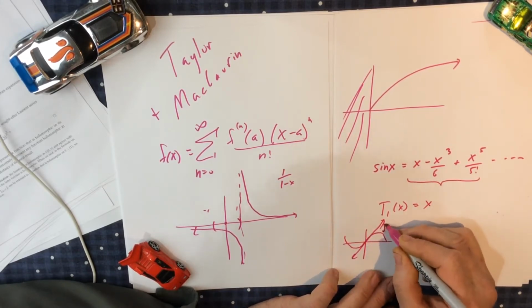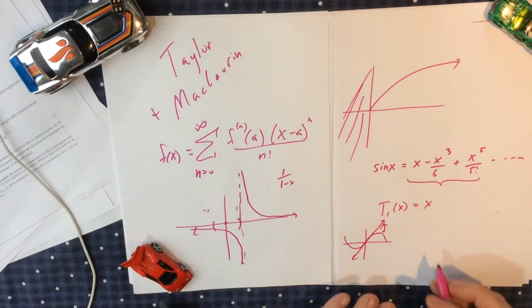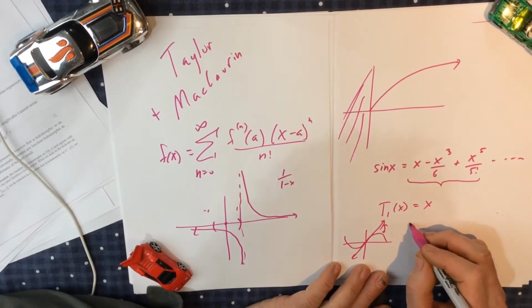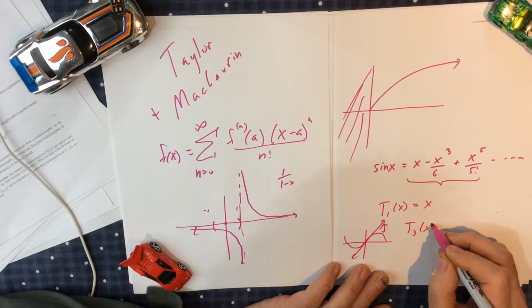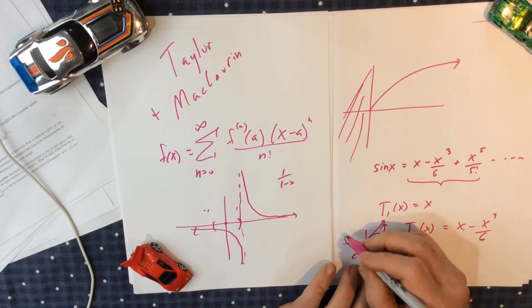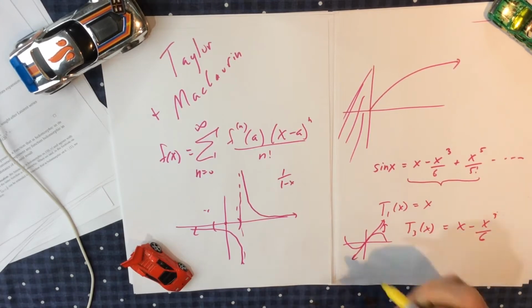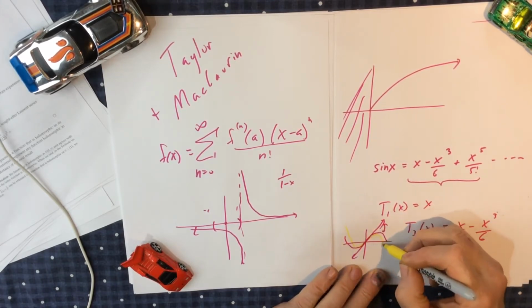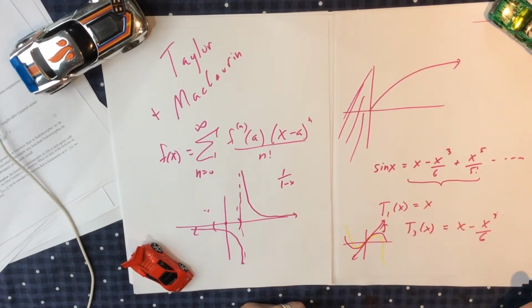It gets separated from it very quickly. The third Taylor polynomial is x minus x cubed over 6. It's a little bit better. It looks like this, and it's closer to the sine of x. The more and more of these polynomials you graph, the closer it gets to the sine.